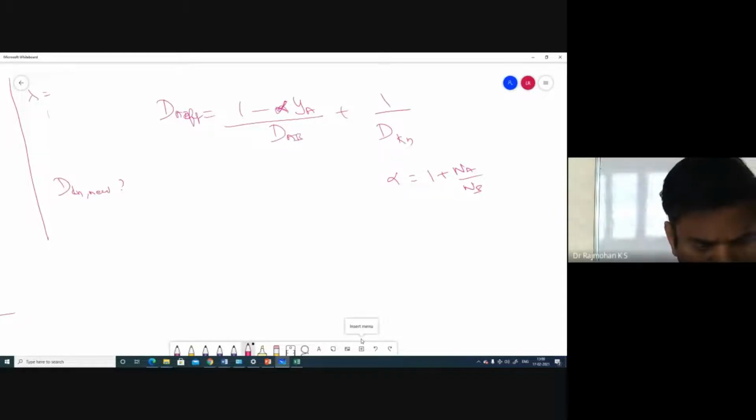How is Knudsen diffusivity given for a cylindrical pore? It comes from research on empirical equations.